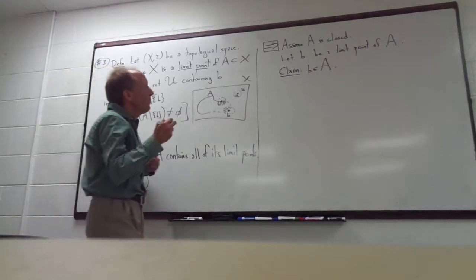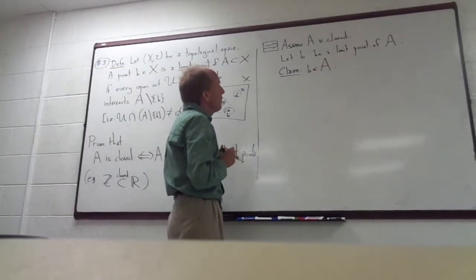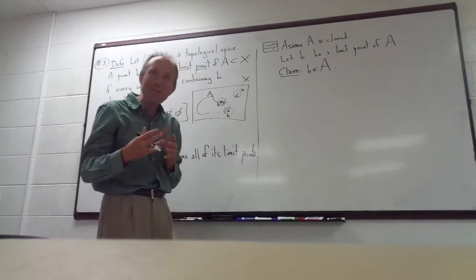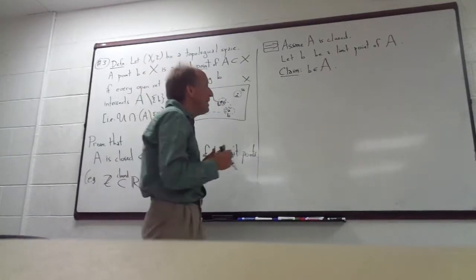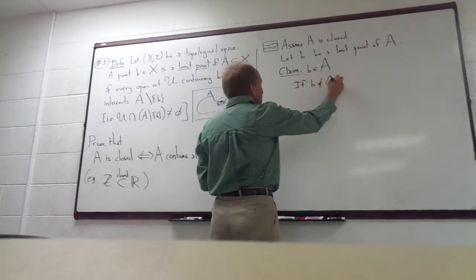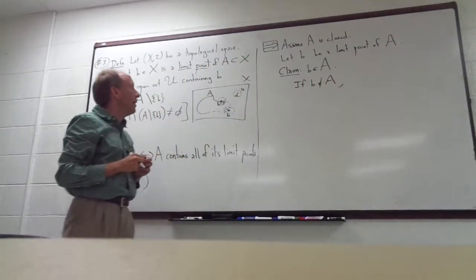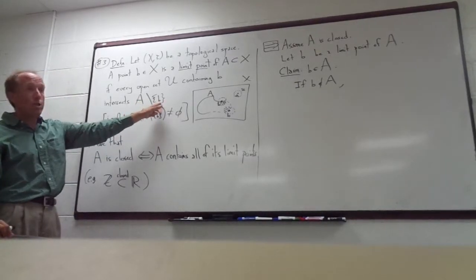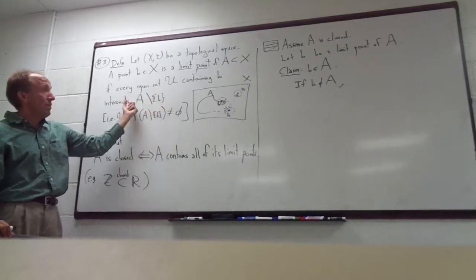Well, I'm going to suggest we think about this by way of contradiction for a second. If B was not inside of A, what would that mean? If B is not in there, then of course A take away B is just A, because B isn't even in there to begin with.